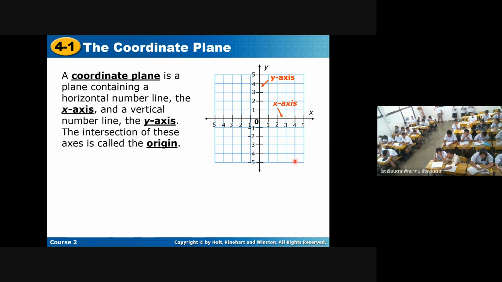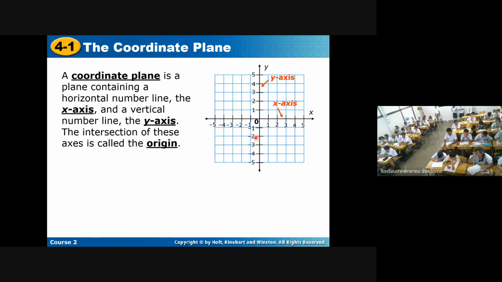On the right side of the horizontal line, we're dealing with the positive numbers, and the left side of the horizontal line are the negative integers. In the y-axis, the vertical line, the upper part are the positive numbers, and the lower part are the negative numbers.